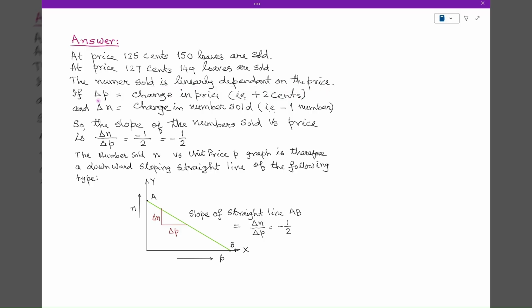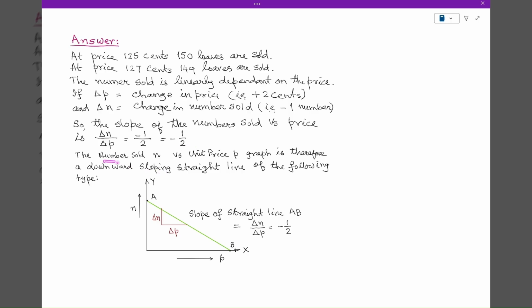If delta P is equal to the change in price, that is 2 cents, and delta N is equal to the change in number sold, that is minus 1, the slope of the number sold versus price, dn by dp, is equal to minus 1 by 2, or minus half.